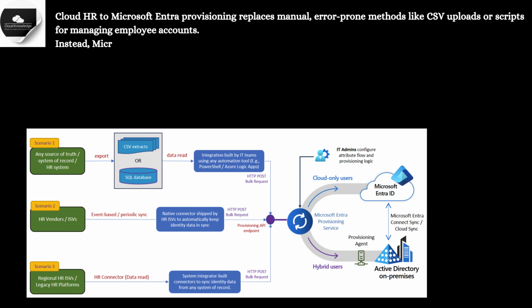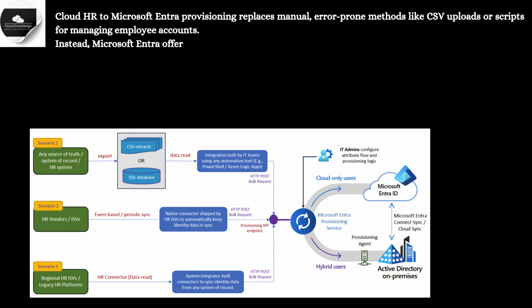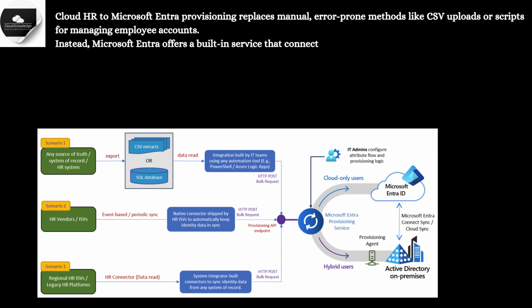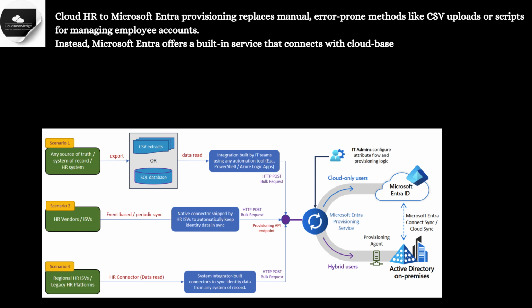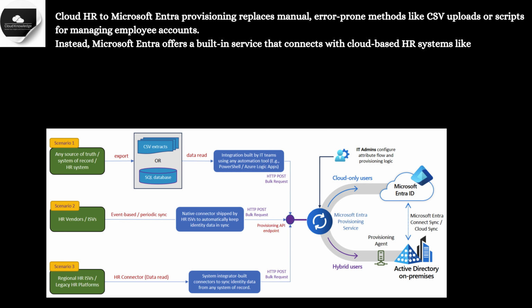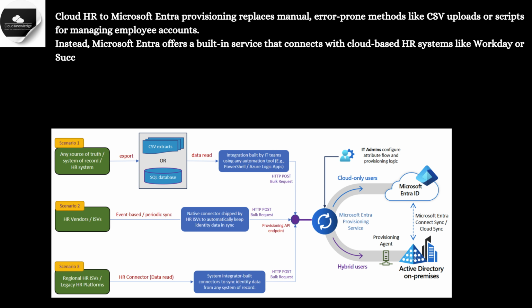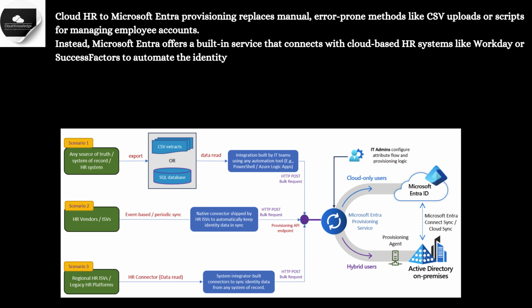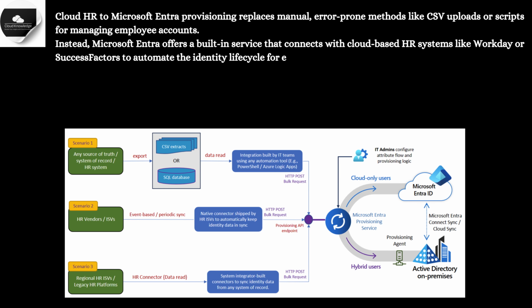Instead, we can directly use Microsoft Entra Connect with platforms like Workday or SuccessFactors. We just need to sync the users from your on-premises Active Directory to Entra with the help of a sync agent, that is Entra Connect or Cloud Sync.